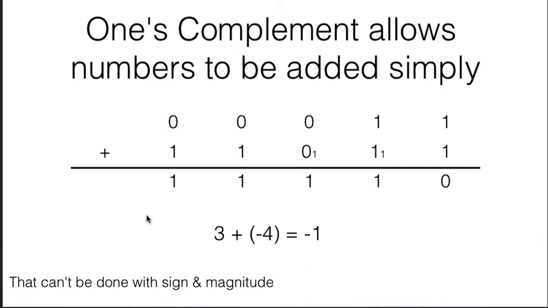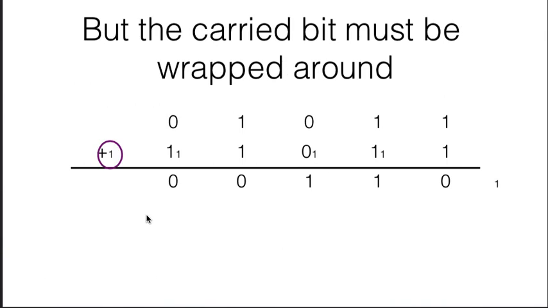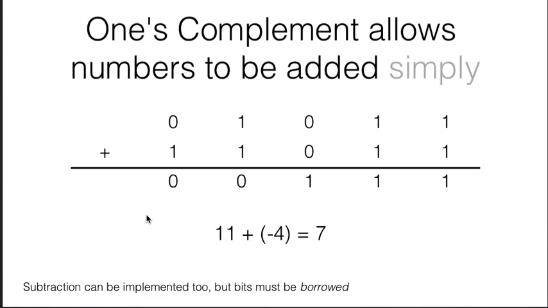Now, one of the problems is that when you do the addition, if there's 1 left over, you see that we do 1 plus 1 is 0, carry 1. That 1 that you carry over has to be fed back in at the other end. So it has to come back in there. So then that becomes 0, 0, 1, 1, 1.